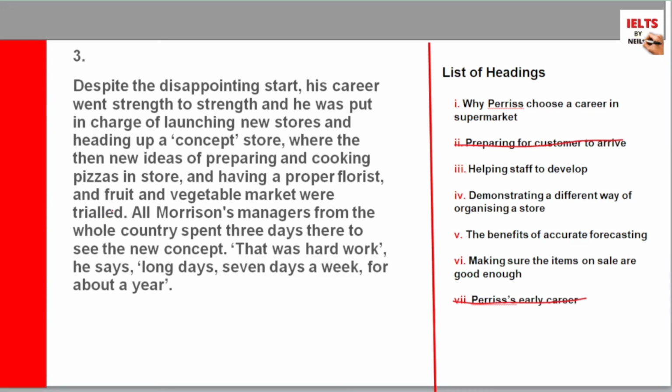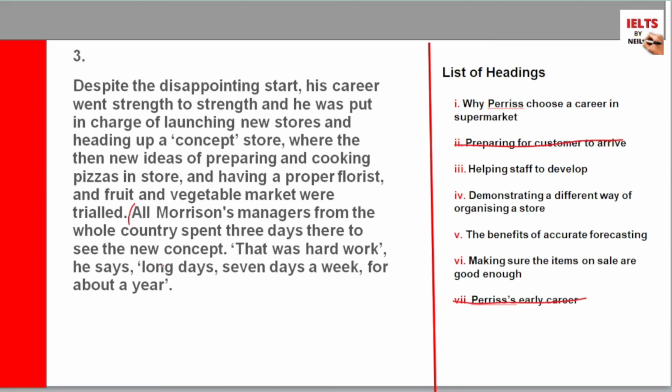So basically they are talking about store launching, the concept store, how to prepare and cook pizzas, how to have a proper florist, fruits and vegetables. Okay, moving ahead from here, let's read. All Morrison's managers from the whole country spent 3 days there to see the new concept.